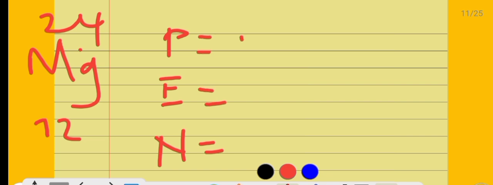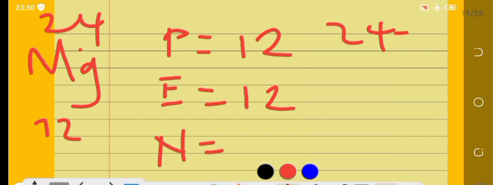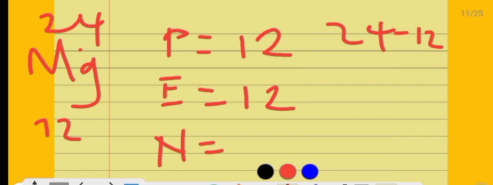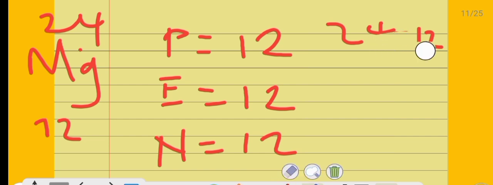Protons are 12 in a neutral atom of magnesium. Electrons are 12. Neutrons are 24 minus 12, and we get 12. All right. So this is for a neutral atom of magnesium.